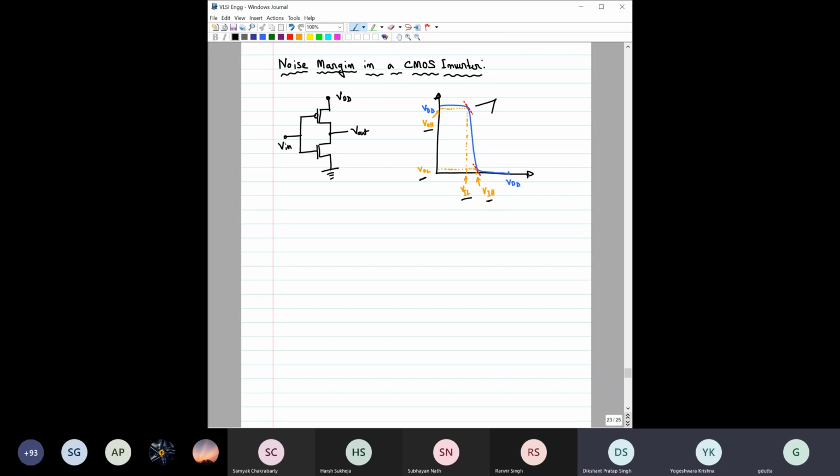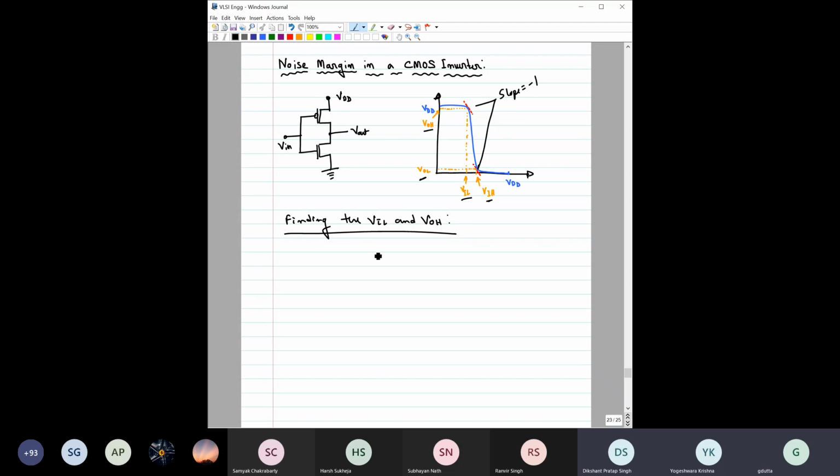And the criterion is that the slope becomes equal to -1. So then, to find this VIL and VOH.